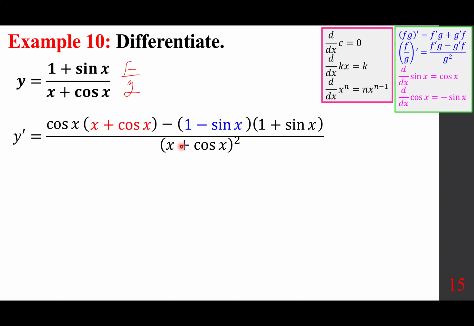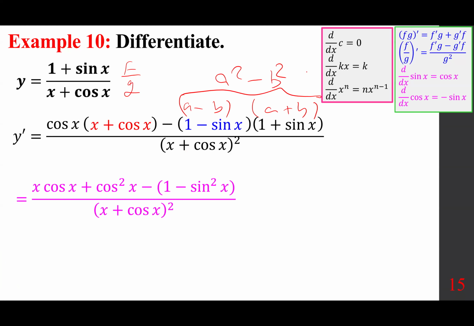And I'm done with calculus. Now I need to do other steps. For example, here algebra and trigonometry. Over here, we have a minus b, a plus b, which is a squared minus b squared, or 1 minus sine squared.